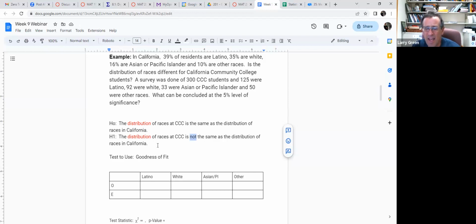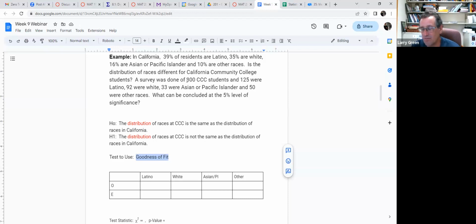All right, the test we're going to be using for this is called a goodness of fit test. Because what we're looking at is, if we look at the distribution of races of the survey that we did of the California community college system, we want to say, is that a good fit? Or is the distribution of races of all California a good fit for what we got?